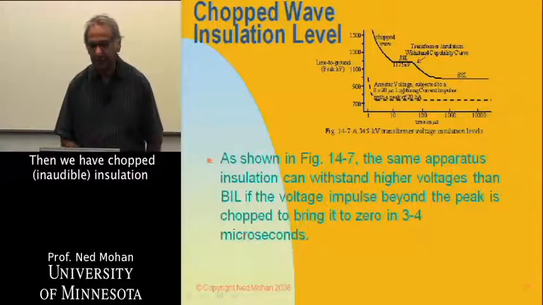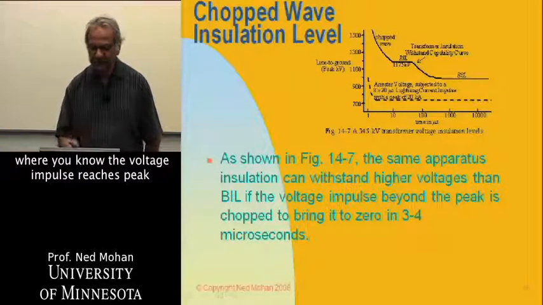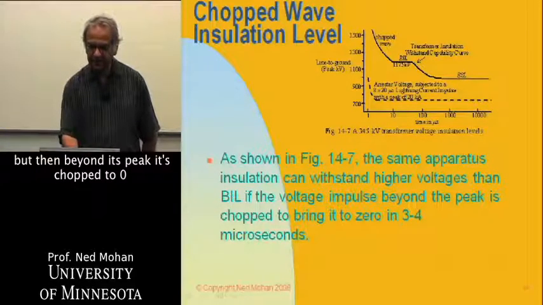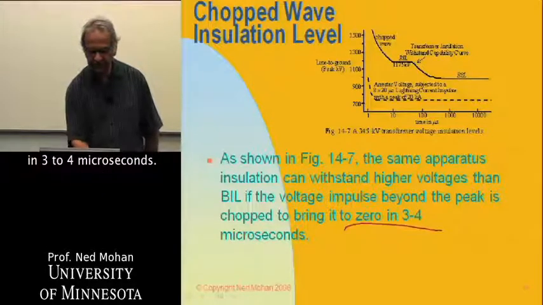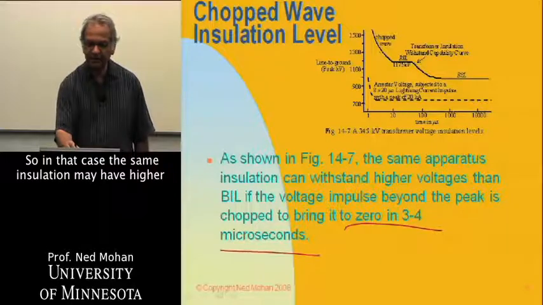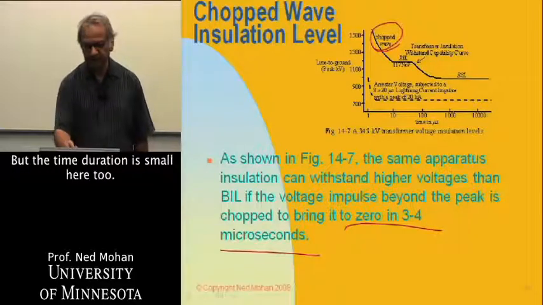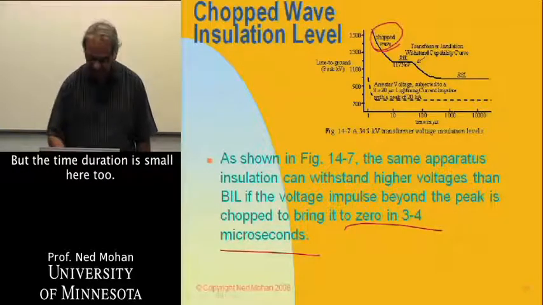Then we have chopped wave insulation, where the voltage impulse reaches its peak, but then beyond its peak, it's chopped to 0 in 3 to 4 microseconds. So in that case, the same insulation may have a higher chopped wave insulation level, but the time duration is small too.